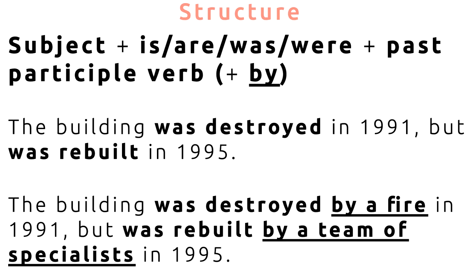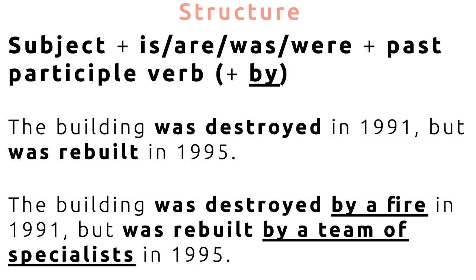Now look at the next example. We have mentioned the agent in both examples of the passive. So have a read. The building was destroyed by a fire in 1991, but was rebuilt by a team of specialists in 1995.